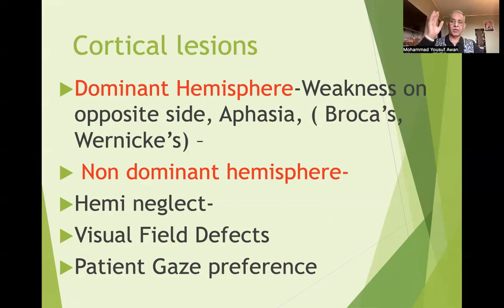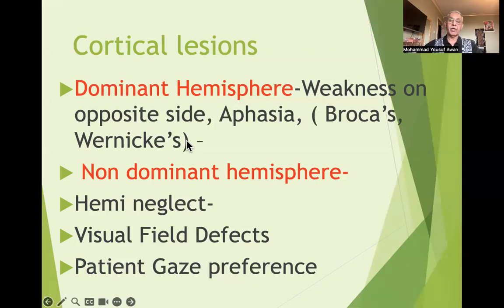As I mentioned earlier, a lesion on one side of the brain will cause signs on the opposite side of the body. If the patient is not able to produce speech, that is affecting Broca's area and Wernicke's area. I will discuss the motor speech problem and the sensory speech problem in a subsequent slide. So in the dominant hemisphere motor cortex, there is speech problem and weakness on the opposite side of the body.